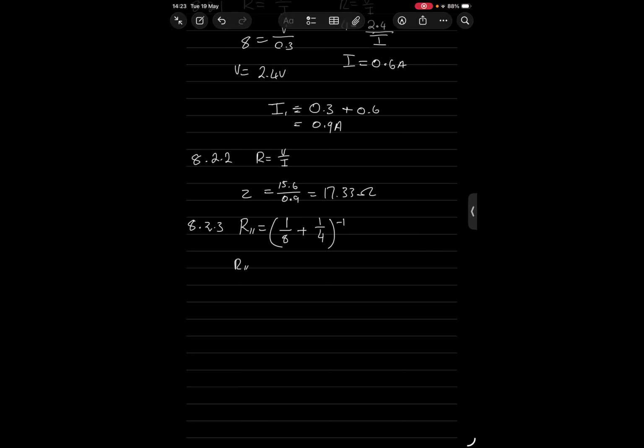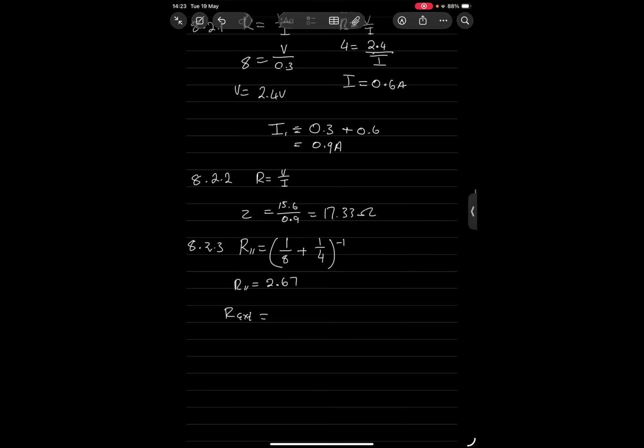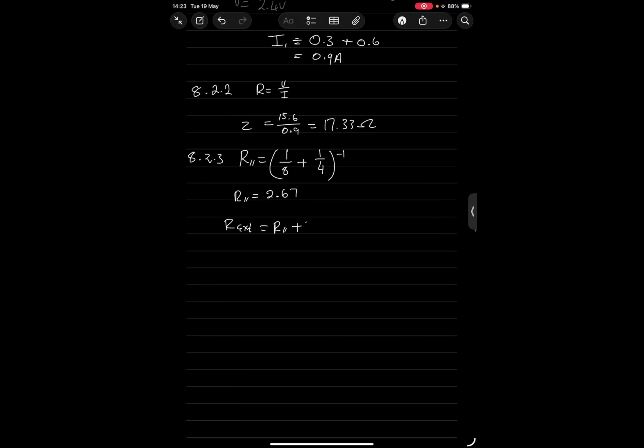It's 8/3, which is how much? 2.67. 2.67 ohms. Then R external is going to be equal to R parallel plus R Z. Okay, 2.67 plus 17.32. Okay, got it.